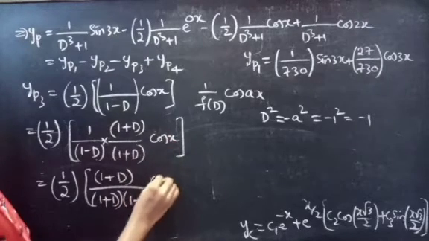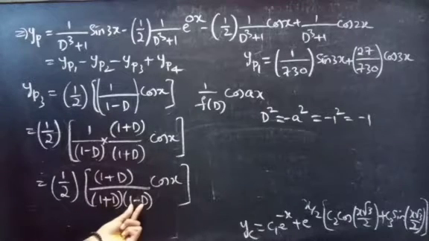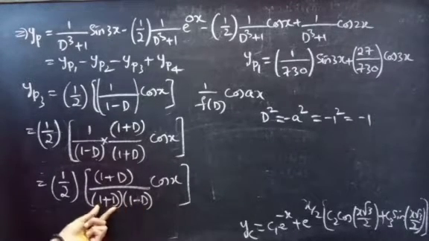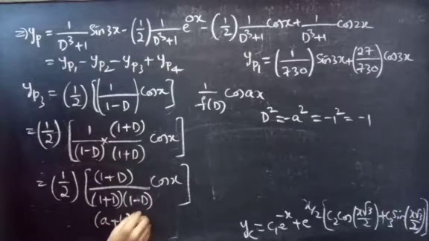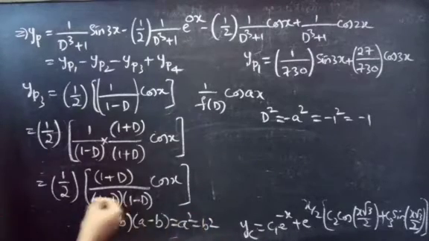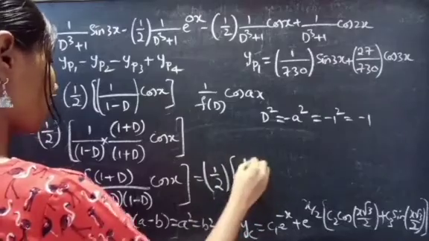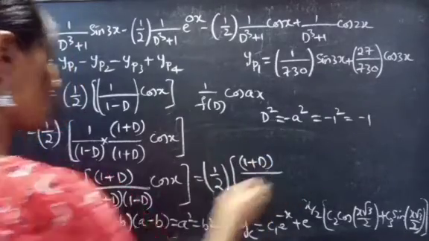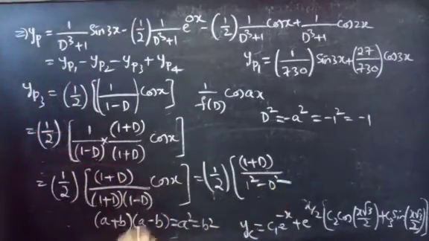into cos x. If you notice in the denominator you're having a plus b into a minus b, right? You're having 1 plus d into 1 minus d, which is of a plus b into a minus b form. You can write it as a square minus b square. Then this becomes 1 by 2 into 1 plus d by 1 square minus d square into cos x.